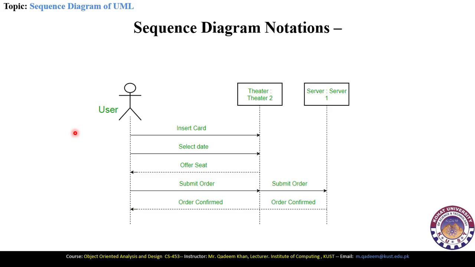So this is the sequence diagram which describes how different operations will be called through a sequence of different functions or different modules here. Here we have two different modules, and these have multiple functions. You can see that they have certain straight lines which show that the system is accepting the input, while the dotted line shows that the system is providing the output to the user or the actor.